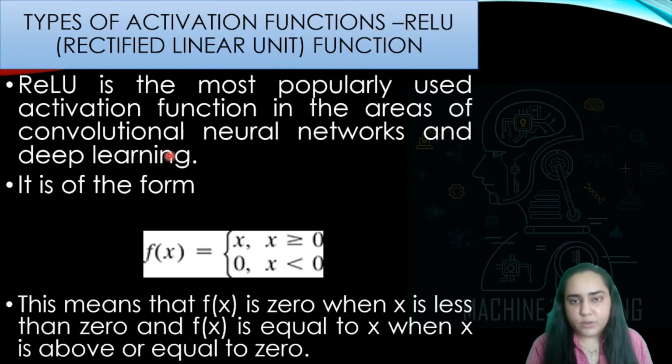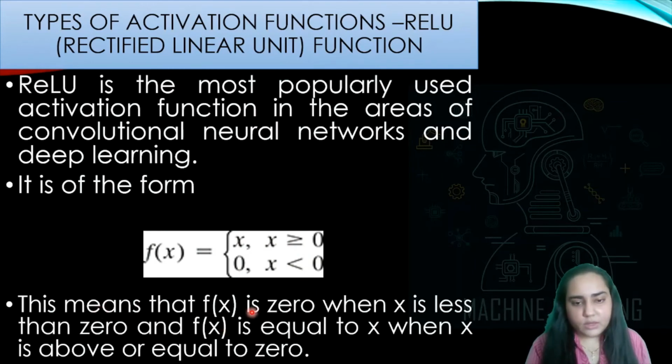It is the most popularly used activation function in areas such as convolutional neural networks and deep learning, which are even advanced kinds of neural networks, which we will be studying later. And this is the function that is preferred over there. This rectified linear unit is equal to x if x is greater than or equal to 0, which means x is positive, and it's equal to 0 if x is negative.